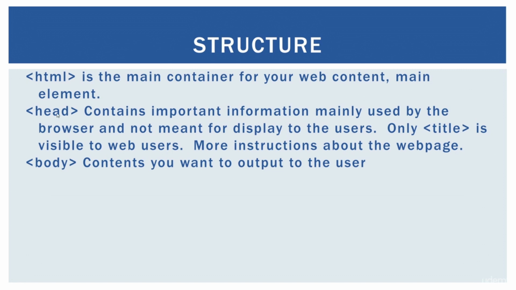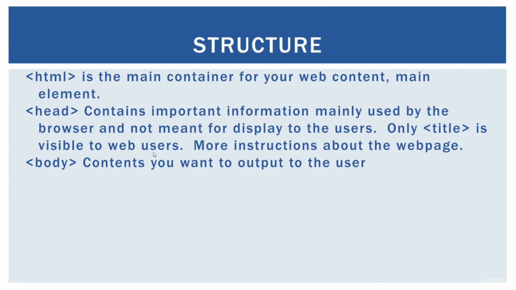The head is where meta information sits about the document, contains important information used by the browser, and it's actually not meant to be displayed to the users. The title tag, of course, is visible, but essentially it's a set of instructions meant for the browser in order to help render out that web page.